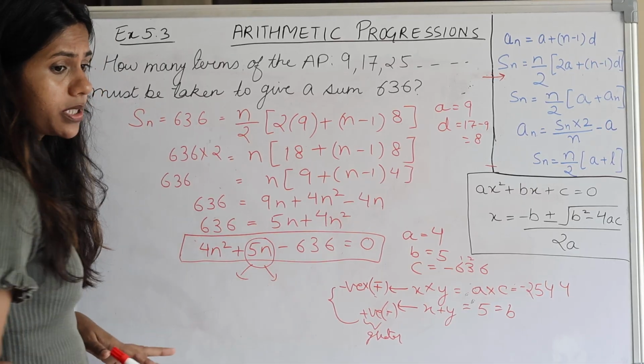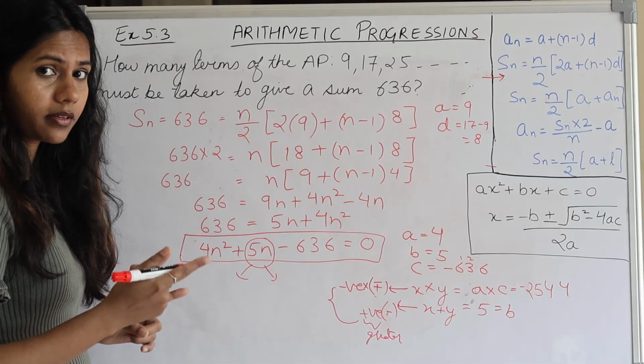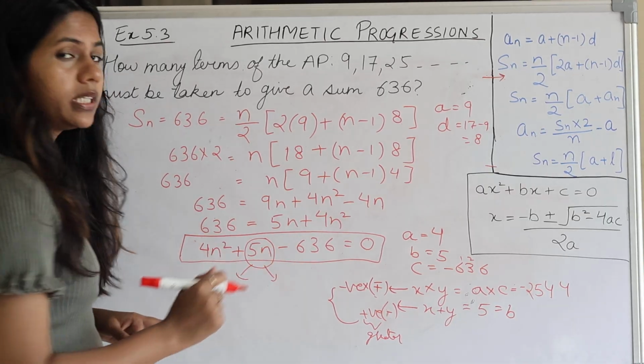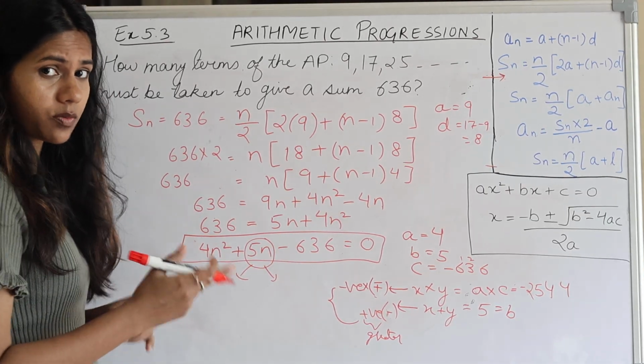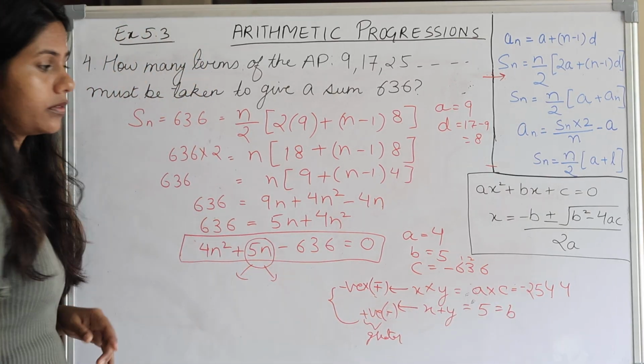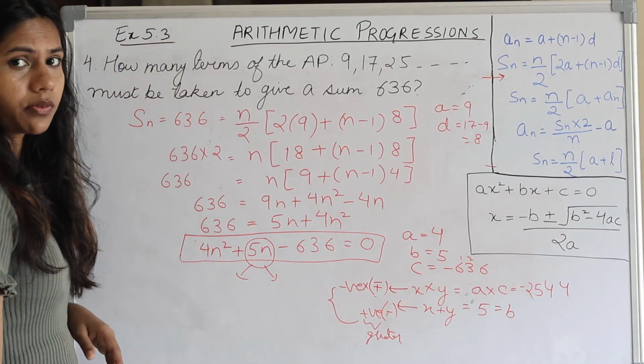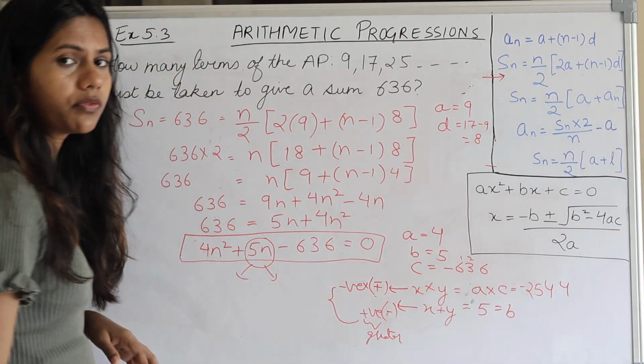So with this information, we now know that there is one number which is positive and greater, and the other number should be negative, which is smaller. So now we will see what are the multiples of 2544. Sorry, what are the factors of 2544?